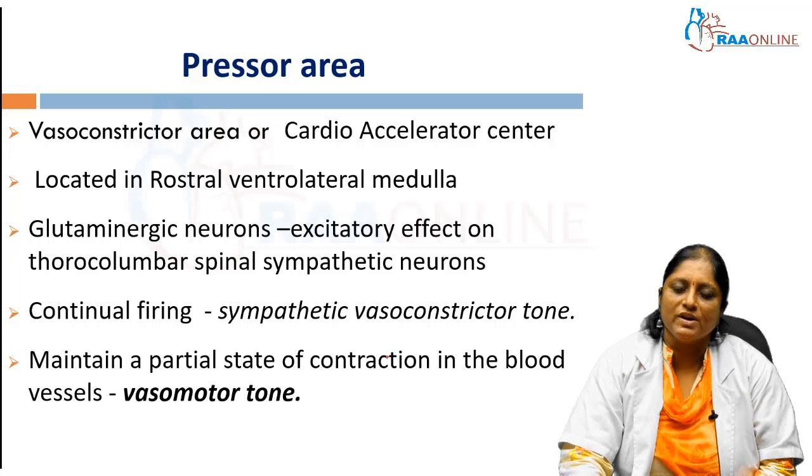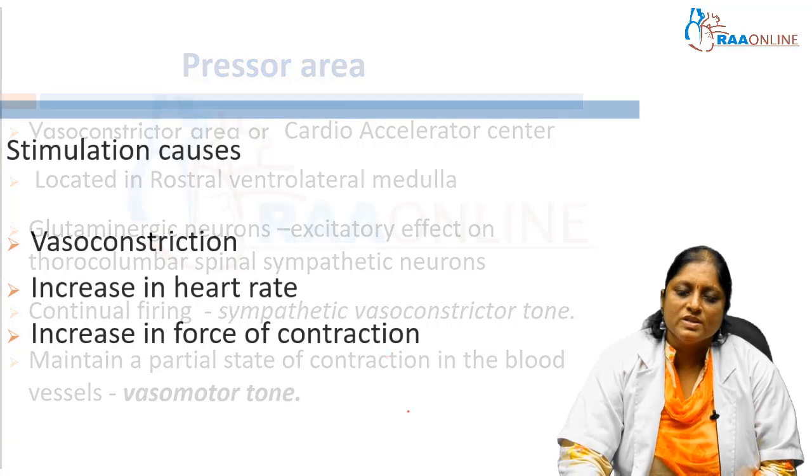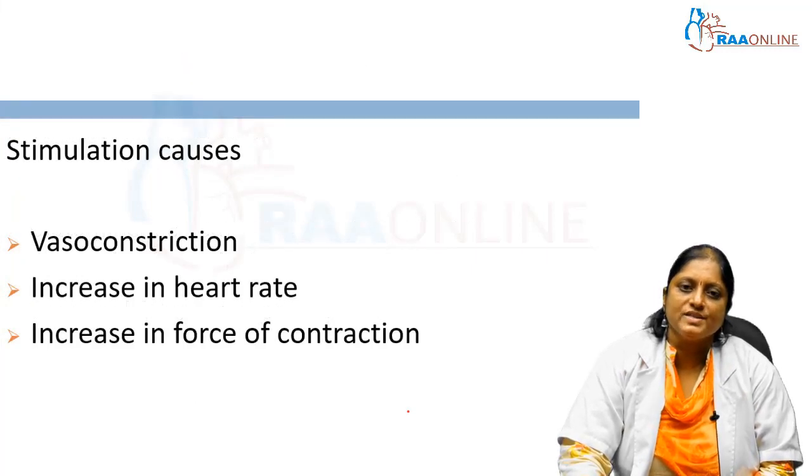This continual firing is called the sympathetic vasoconstrictor tone, which spreads to the entire body through the sympathetic vasoconstrictor nerves. This tone is very essential to maintain the partial contraction in the blood vessels, called the vasomotor tone. So, whenever the pressor area is stimulated, it causes vasoconstriction, an increase in the heart rate, and an increase in the force of contraction.